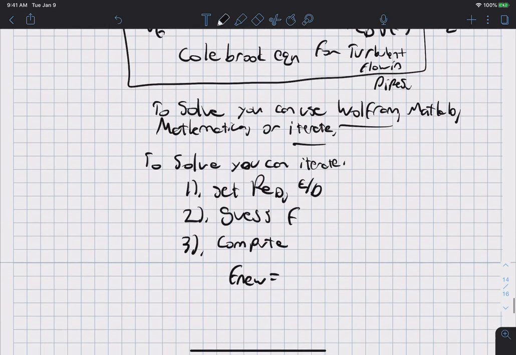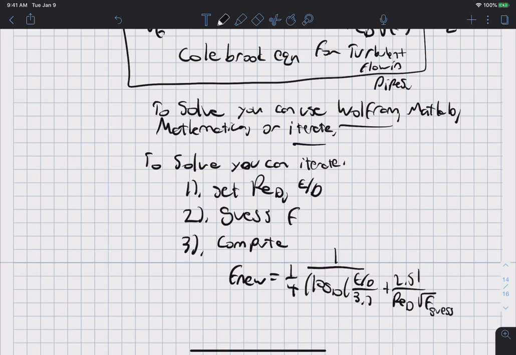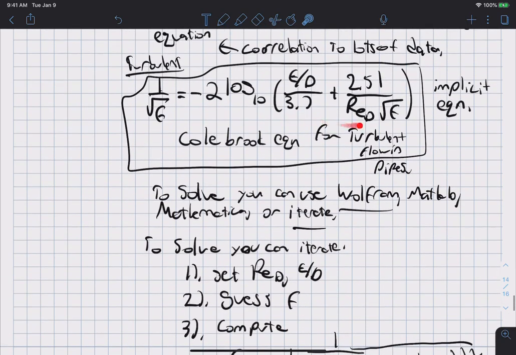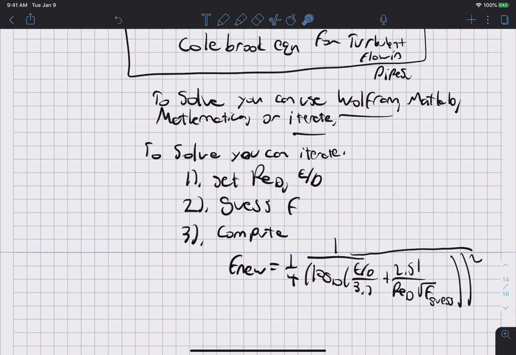Okay, and so that will equal 1 over 4 times 1 over log 10 of epsilon over d over 3.7 plus 2.51 over Re_D square root of f guess, squared. And so basically, you guess f, you put that into this equation here, and that gives you a new f. Essentially how I got this was I took this equation here, inverted it by dividing it into 1, and then I squared it. And if you do that, you get this equation here.